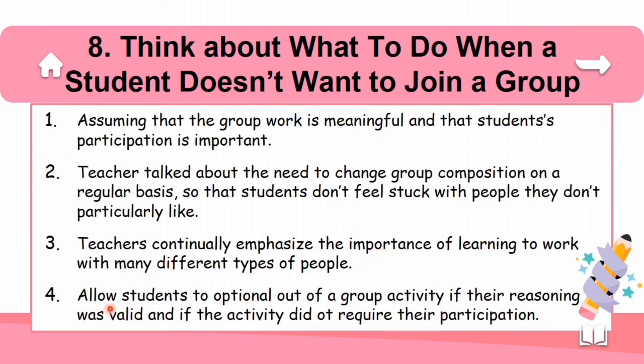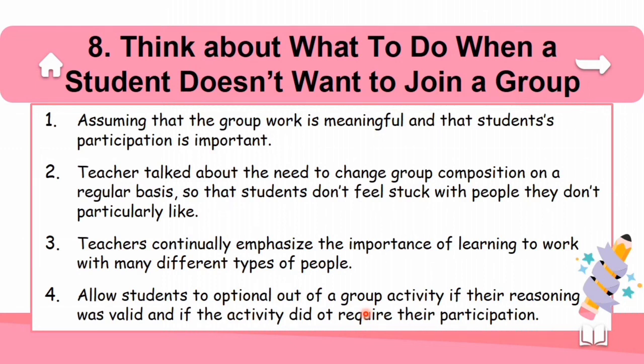And the last point is to allow the students to opt out of a group activity if their reasoning is valid and if the activity does not require their participation. The teacher also needs to be flexible, because sometimes students just feel like working alone.